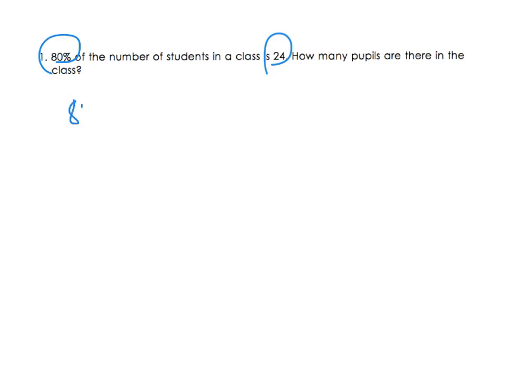That 80% is actually 80 parts over 100. And we can use this as a way to make sense of the 24 students in class, which actually makes up 80 parts out of 100.